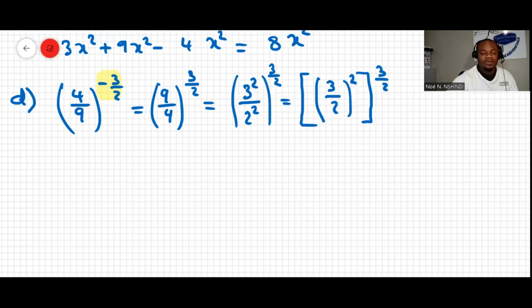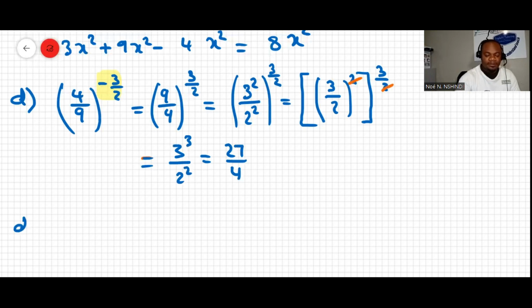We can do that when the exponents are common for the numerator and the denominator. Then the 2 and 2 will be simplified, and the answer will be just 3 to the power 3 over 2 cubed, which is 27 over 8.